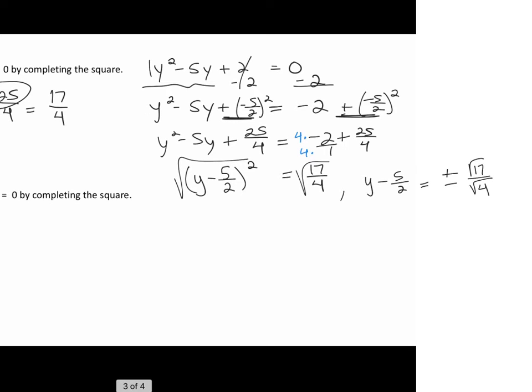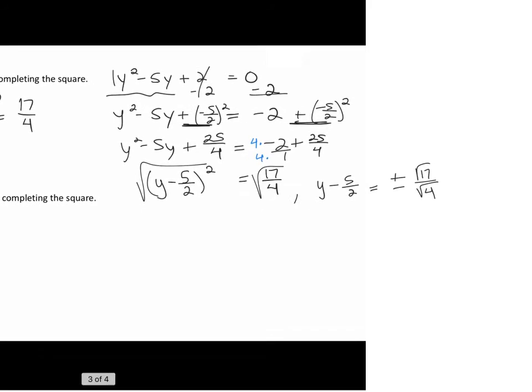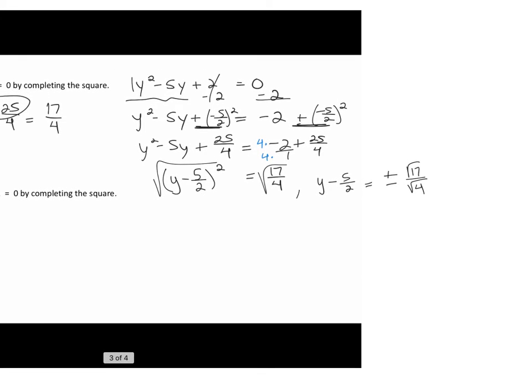And we can break apart the radicals there by the quotient rule for radicals, because we can simplify this. There is a square root of 4, even if there isn't a square root of 17. So y minus 5/2 equals plus or minus square root of 17 over 2.